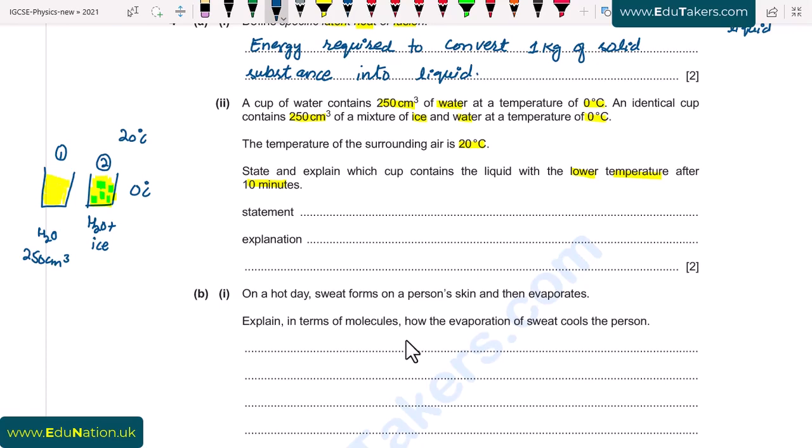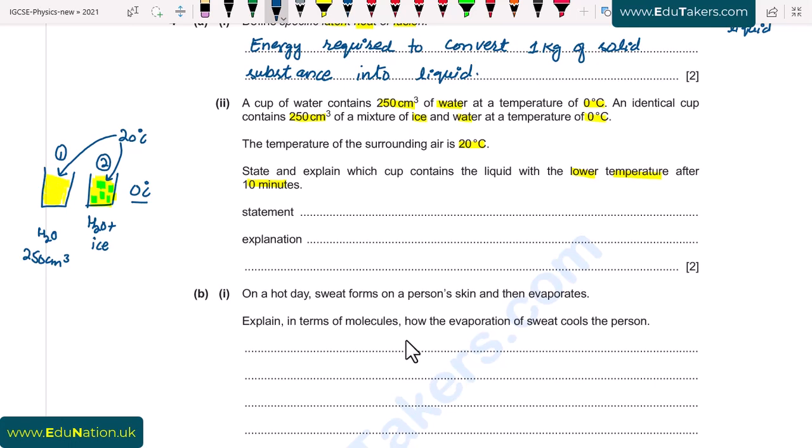So when the temperature of surrounding is larger as compared to this 0 degrees C, then what will happen? Some energy from the surrounding is transferred into these cups. It means that the heat from the surrounding is shifted towards the cup.